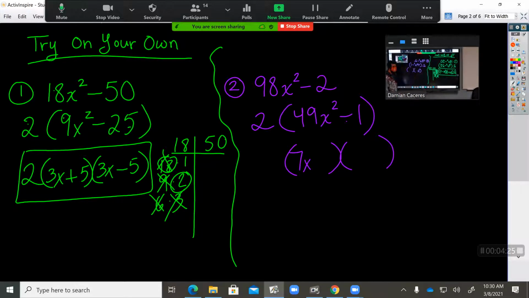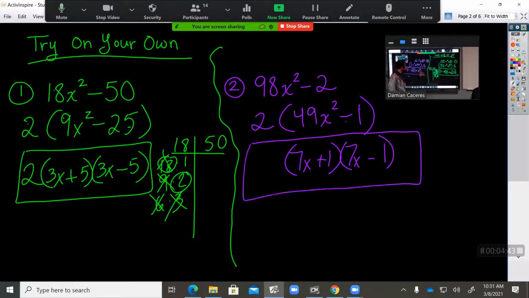So we put 7x on one side, 7x on the other. Now, what numbers multiplied by themselves give you 1? 1 times 1. So you put a 1 on both sides. And now the signs always have to be different, so you put a plus and a minus. And don't forget to bring down the 2 that you factored out at the beginning. Simple? Any questions on that?